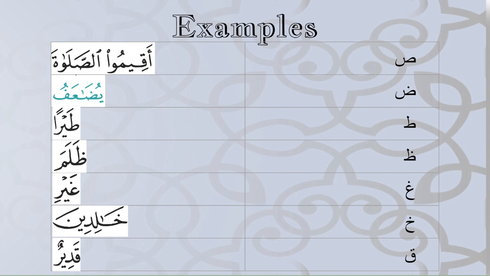First, we're going to talk about the letter Sad. Aqimus Salah. Aqimus Salah. This Sad is pronounced heavy, and I'm going to pick a little bit today on my Indo-Pak brothers and sisters.